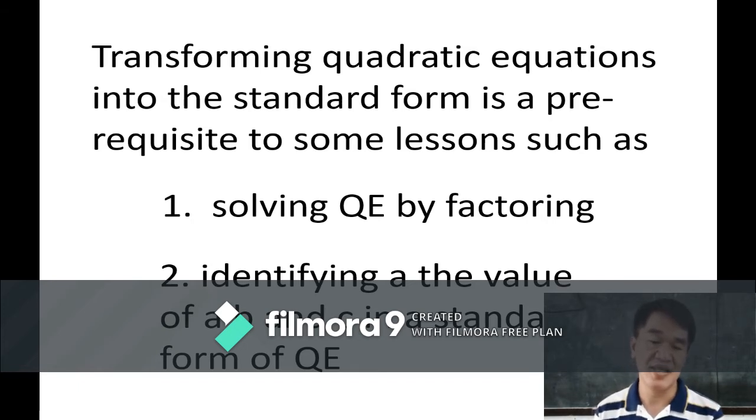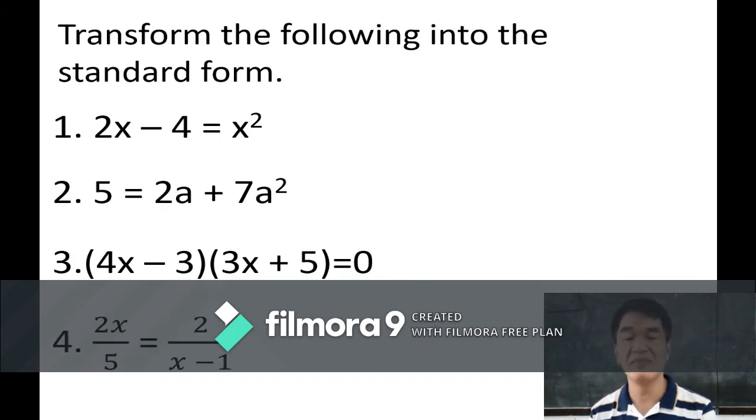Okay, let's try this. For example, transform 2x negative 4 equals x squared. Take note that the quadratic equation in the standard form is ax squared plus bx plus c. You have three terms there on the left side of the equation.